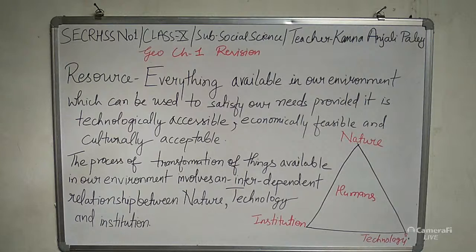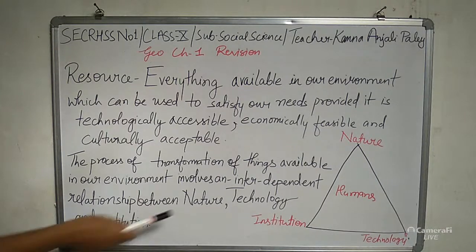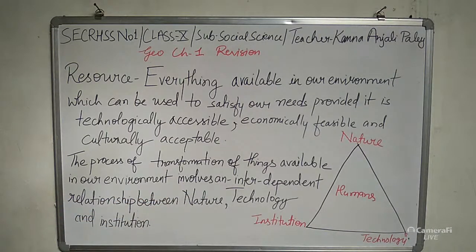Organization develops technology to use the resources which are present in nature. So to use the resources from nature, we need institution and technology. And by using nature, technology, and institution, it is the human who can satisfy their needs.